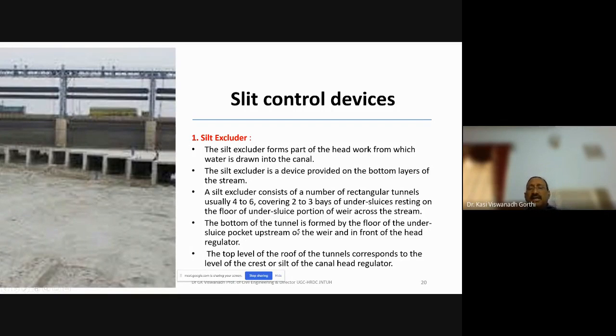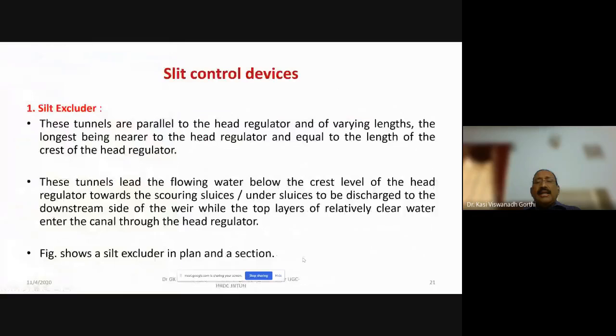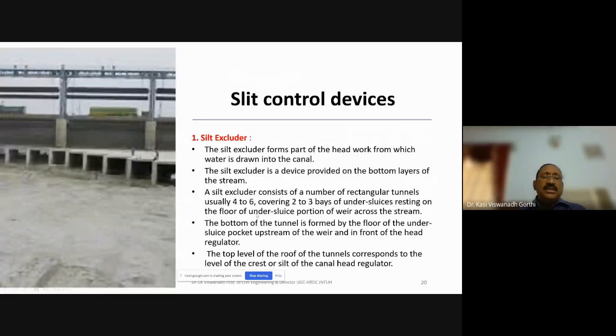The bottom of the tunnel is formed by the floor of the undersluice pocket upstream of the weir and in front of the head regulator. The top level of the roof of the tunnel corresponds to the level of the crest or sill of the canal head regulator. So this is the silt excluder.